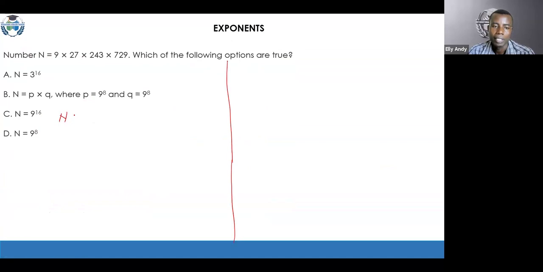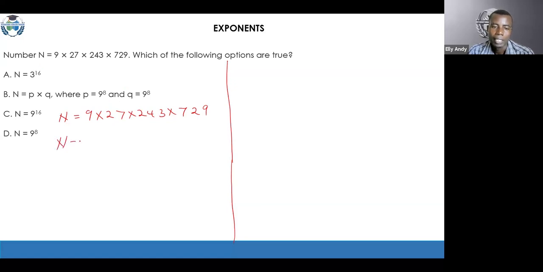Let's try to represent this number in one base raised to a specific power. That would be easier than, for example, multiplying everything out and then comparing with the answers.